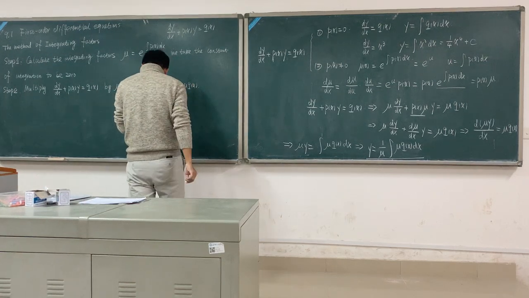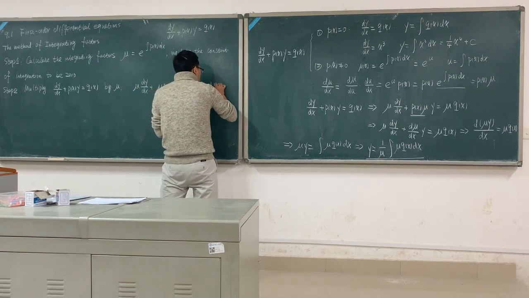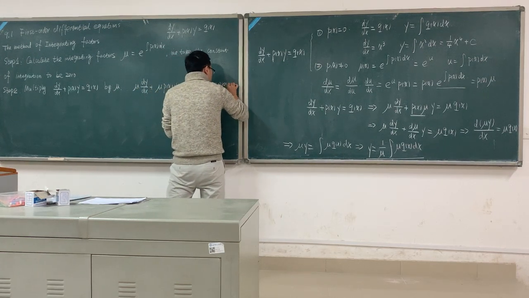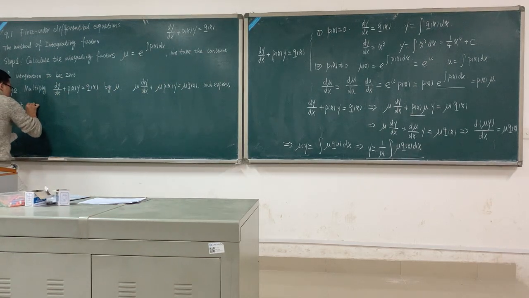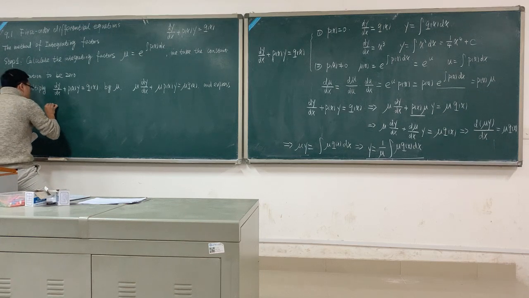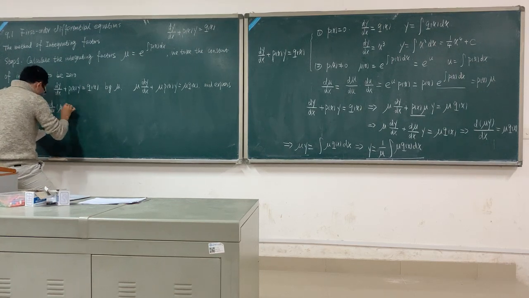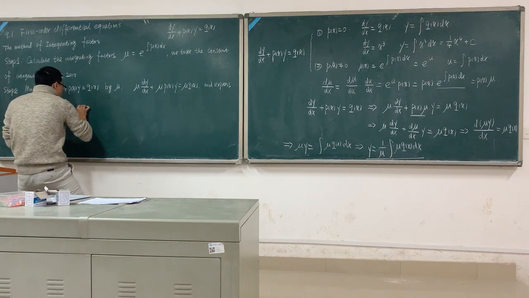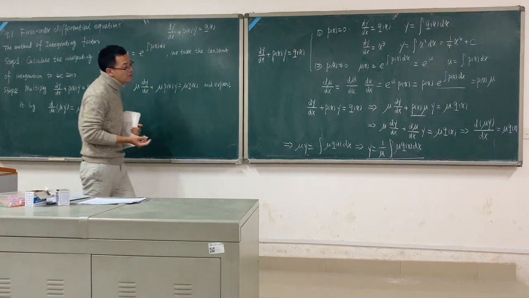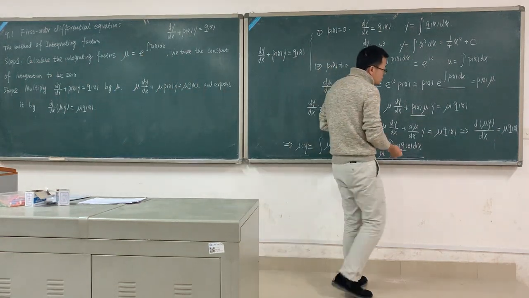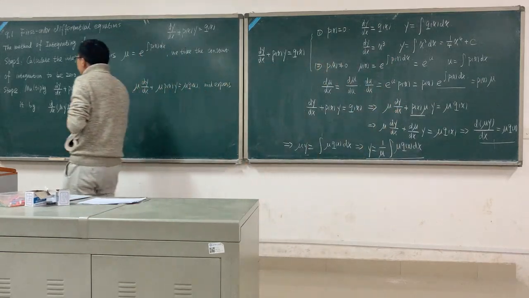And you express it by d/dx of mu y equal to mu q(x). So actually from here we can see this step. So this is the second step.